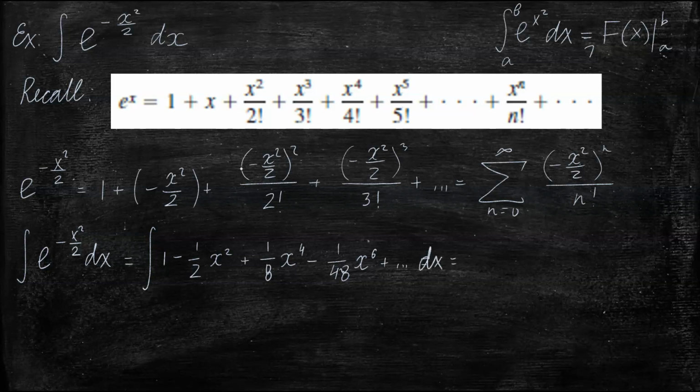With respect to x, this is the integral of the sum of negative 1 to the power n over 2 to the power n n factorial, x to the power 2n. I forgot, I lost the sigma.